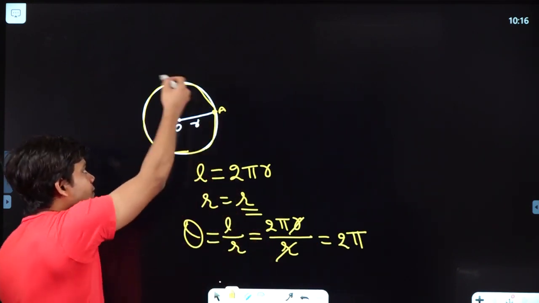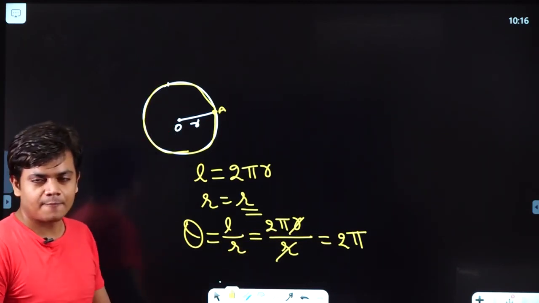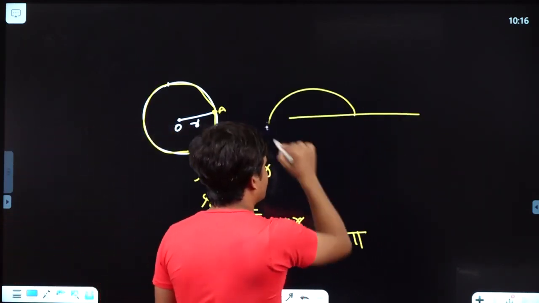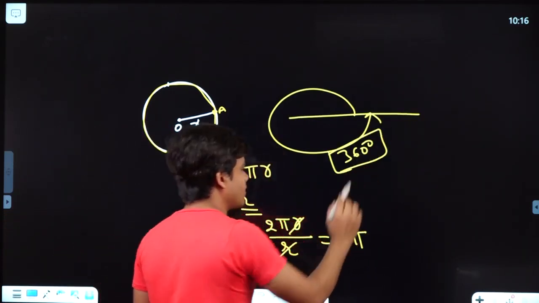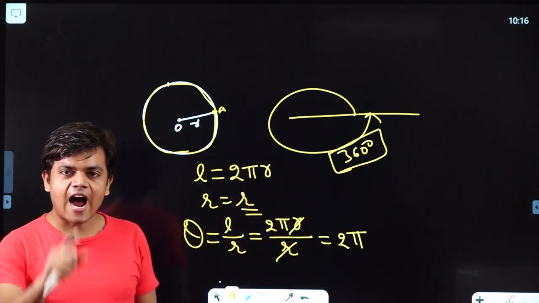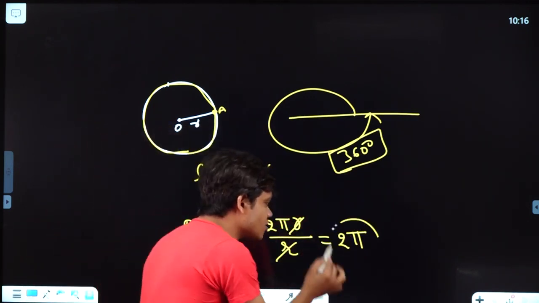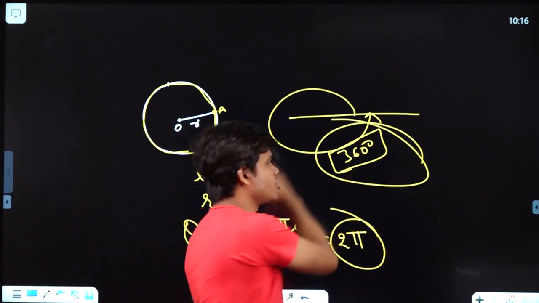So after a complete rotation, we have the angle 2 pi. And in the degree system, after a complete rotation, we have what? 360 degrees. And from here, we have seen that after one complete revolution, in the radian system we have 2 pi, but in the degree system we have 360 degrees.